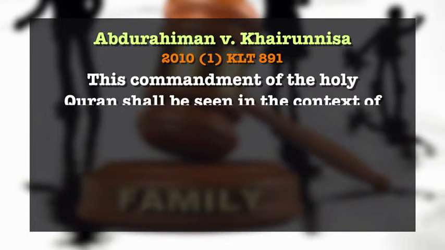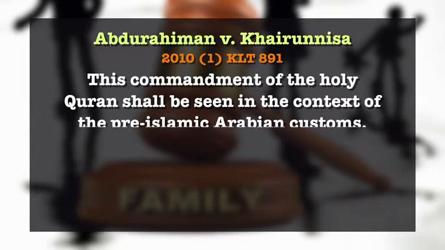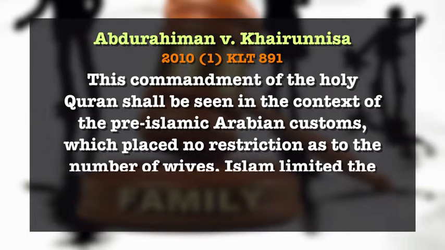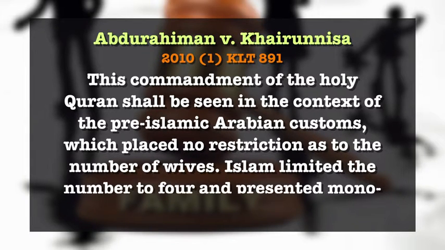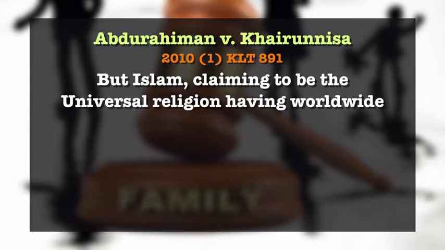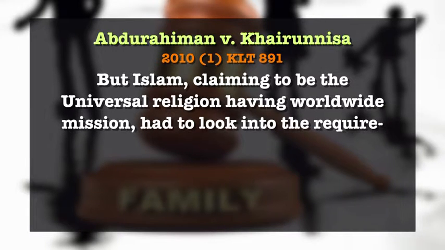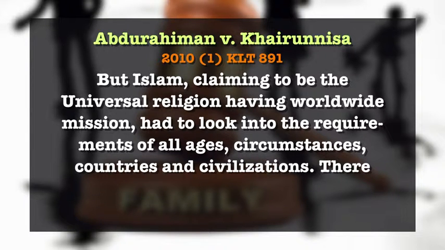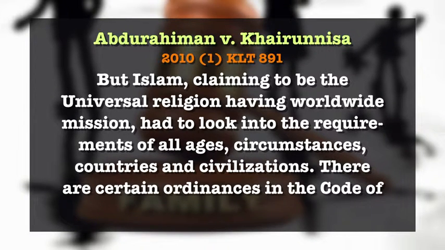This commandment of the Holy Quran shall be seen in the context of the pre-Islamic Arabian customs, which placed no restriction as to the number of wives. Islam limited the number to 4 and presented monogamy as an ideal form. But Islam, claiming to be the universal religion having a worldwide mission, had to look into the requirements of all ages, circumstances, countries and civilizations.